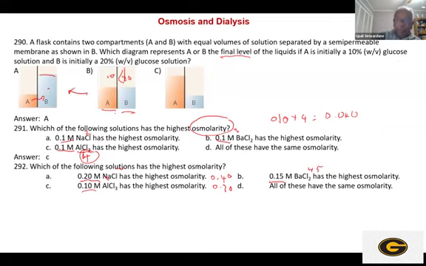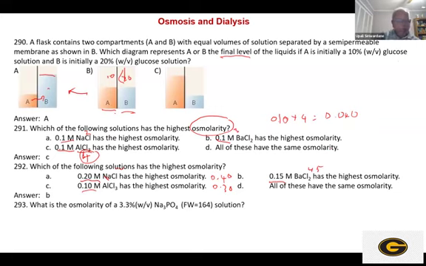Therefore, B is the correct answer. I calculated. They multiplied by 0.15 multiplied by 3. This is 1.5.